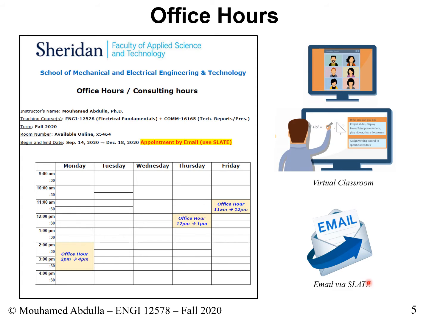In addition to this, you could also book an appointment during dedicated office hour days and times. So my office hours this semester are on Monday, Thursday, and Friday. So Monday from 2 p.m. to 4 p.m., Thursday from 12 p.m. to 1 p.m., and Friday from 11 a.m. to 12 p.m. So if you don't necessarily want to send an email, but you want to in fact talk to me, just propose a date that would work for you and a time, and we'll give you 10-15 minutes for discussion.